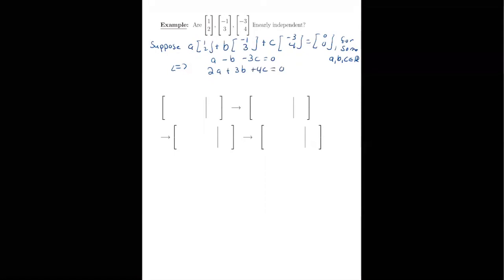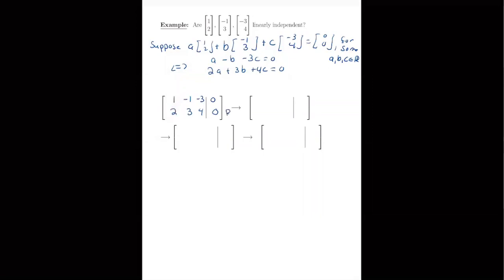So let's solve this. Again, we're going to put this into a matrix: 1, -1, -3, 0; 2, 3, 4, 0. So now let's row reduce. We have a leading 1, and we're going to use this to create zeros below.